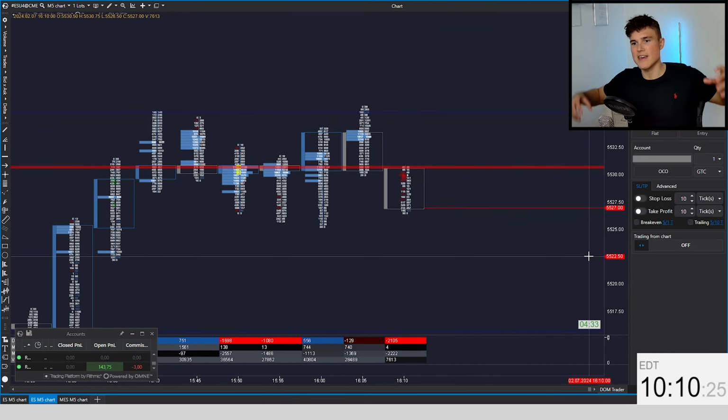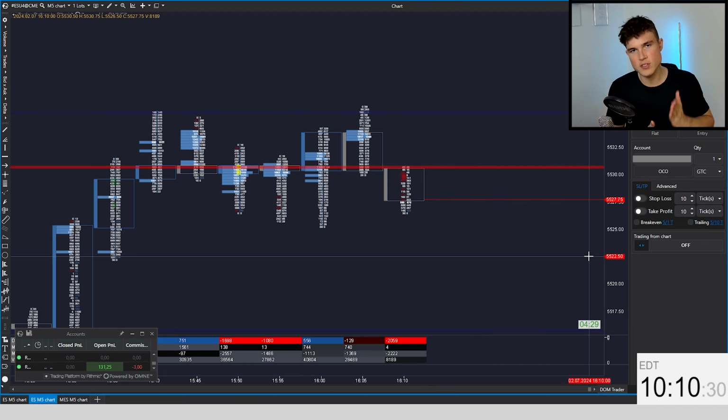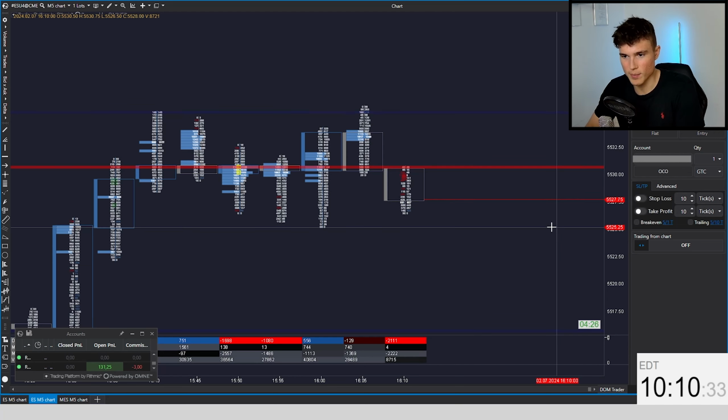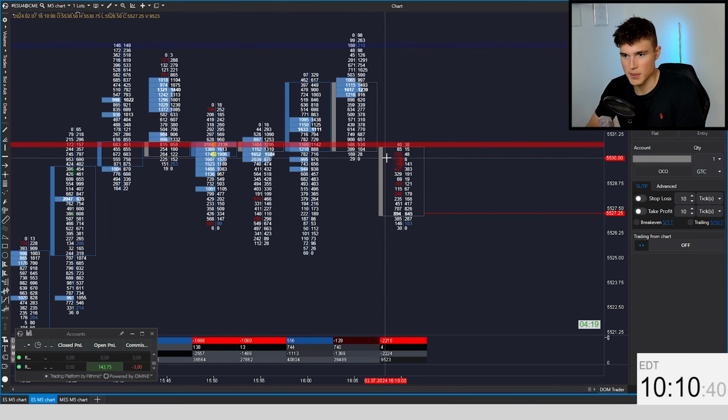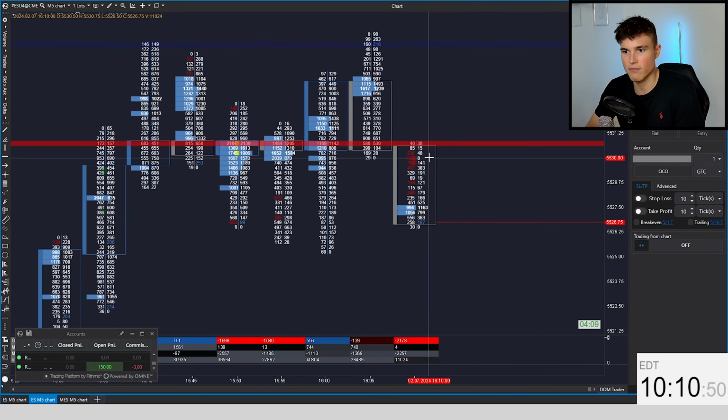So there was a very, very big institution shorting 1,000 mini contracts. This is incredible. And the delta immediately shifted to a minus 1,000 because of those big orders here in the market. Actually, it's more than 1,000 because it was executed on many price levels because there was not enough liquidity on just one. So it was executed on many.